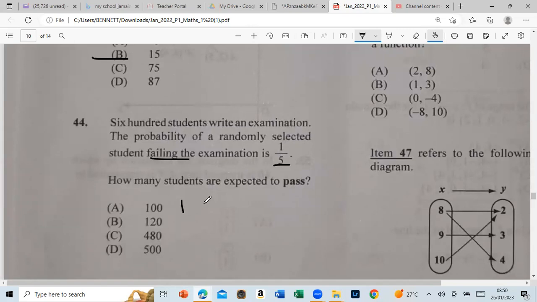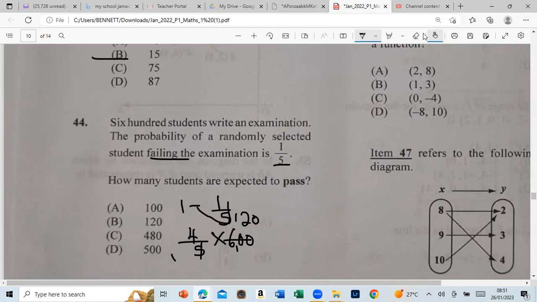So we have 1 minus 1 over 5, and this will give us the passing rate, which is 4 over 5, and we multiply that by 600. 5 into 6 goes 1 time, remainder 1, so that's 120, right?